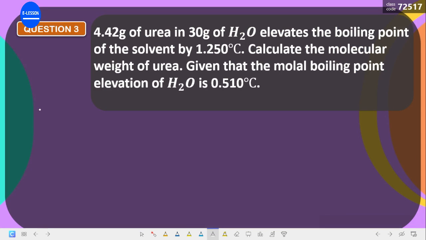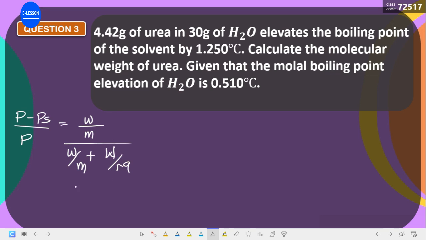So now let us work on an example. The question says 4.42 gram of urea. First of all, let's state our formula. The formula says P minus Ps all over P is equal to w all over m divided by w all over m plus capital W all over capital M. Each of these things, you know what they mean.